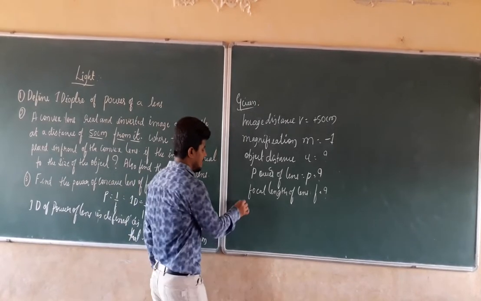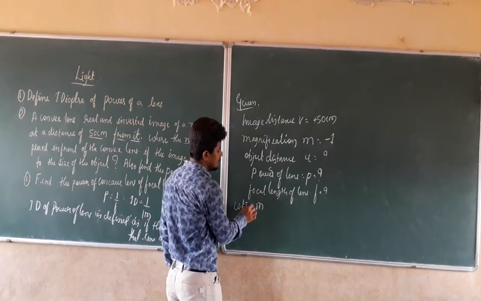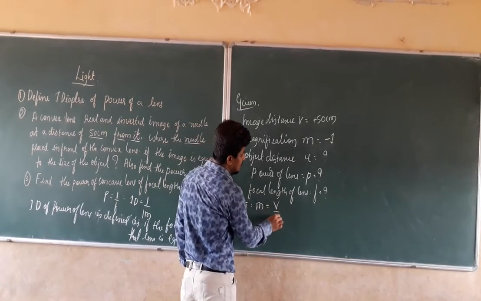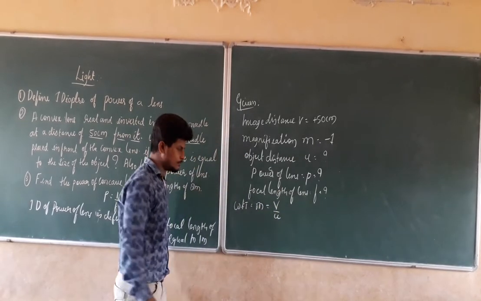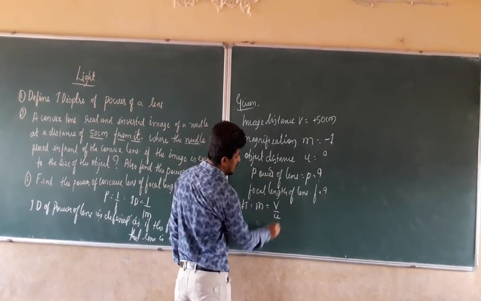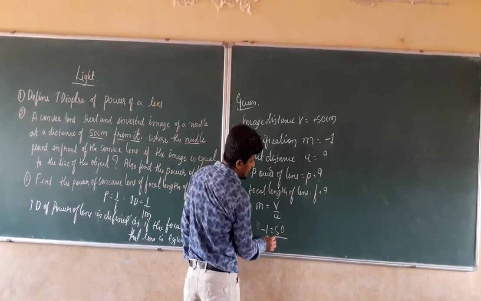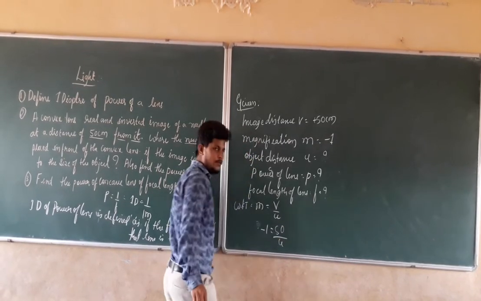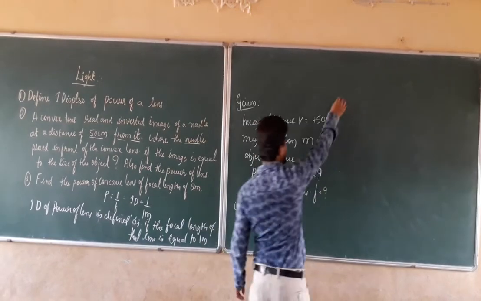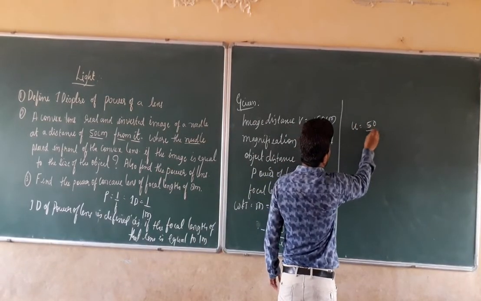If you remember the formula for the magnification, m equal to v by u. Here m is equal to minus 1, and v is 50 centimeters, divided by u, which we have to find out. Therefore, u equal to 50 divided by minus 1.